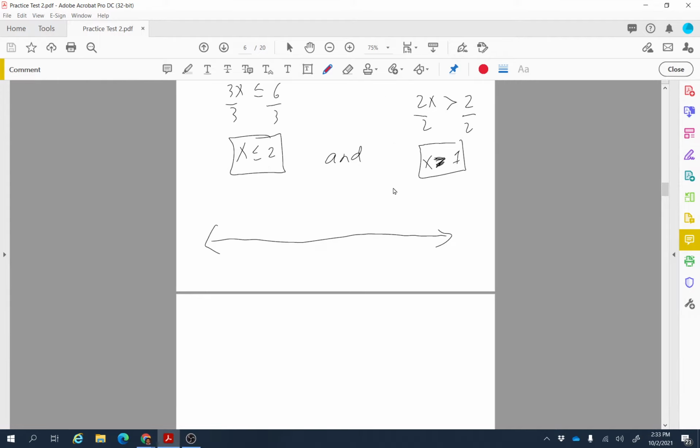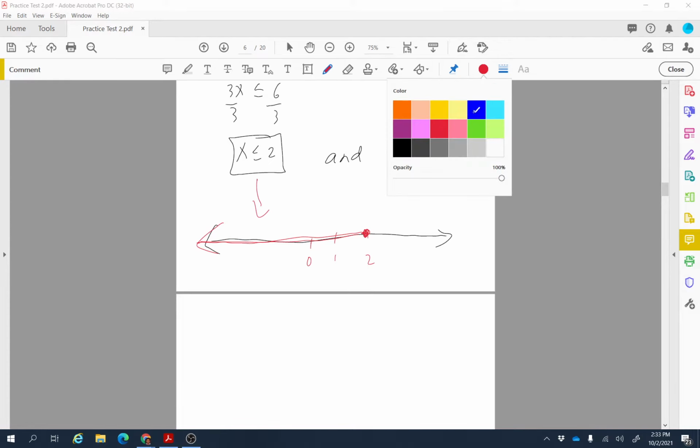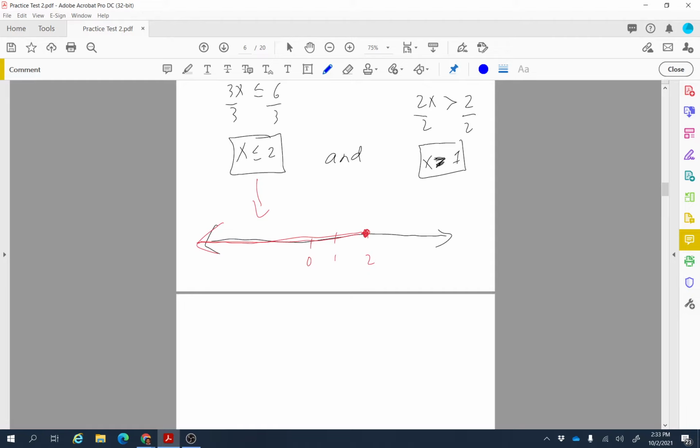Let's say there is a 0, a 1, a 2. Less than or equal, so including 2, and it's a less than, so we go back here, everything. That's the first one. For the second one, let me use a different color, not including 1, so open circle, but go to the right side.